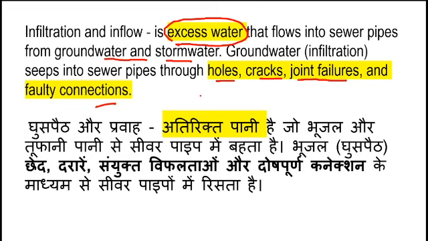You can see the land like that with a hole, and also the crack, and then the joint failures and the faulty connection. So through these small areas the water will filter, or it will go to the groundwater or to the storm water.